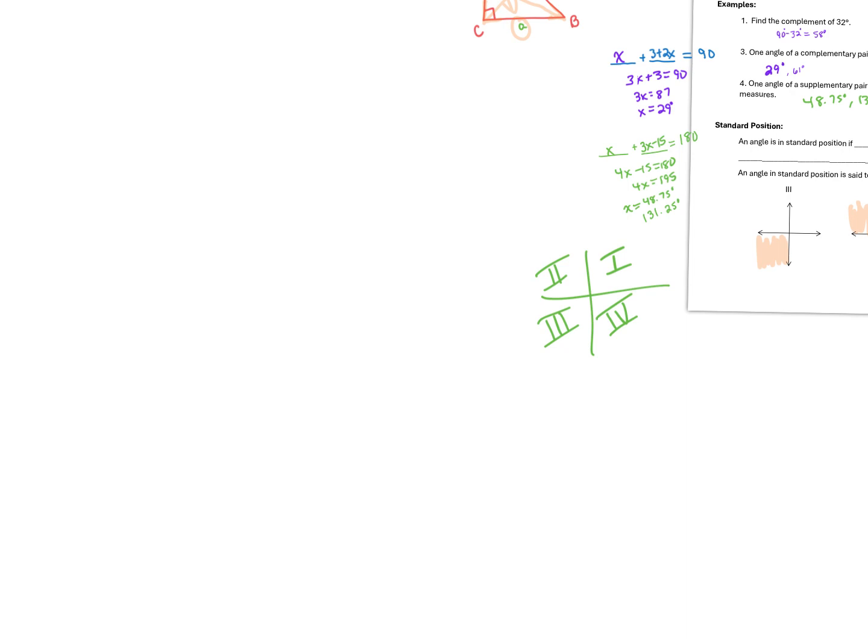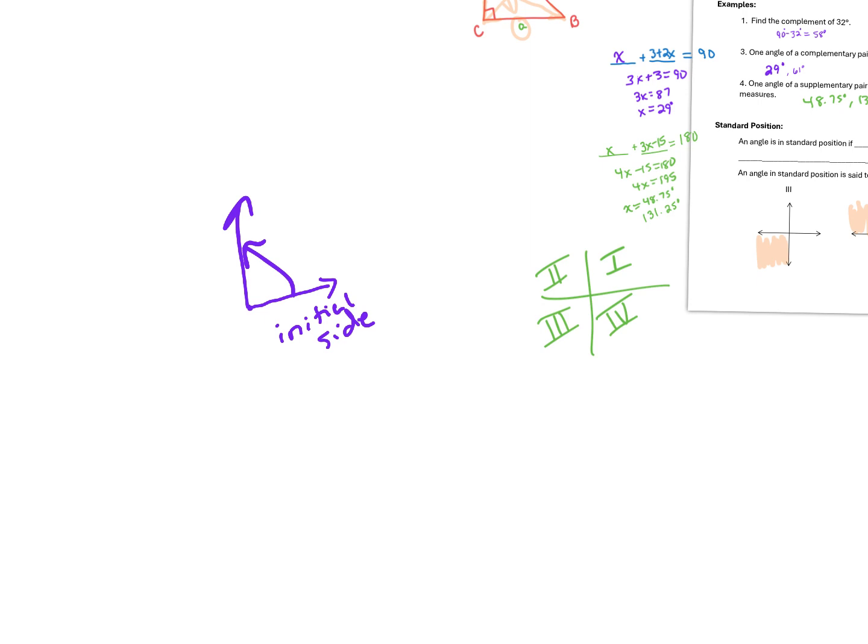When we create an angle, we are starting with a ray, and we're going to talk about the fact that it's in standard position in just a second. But we start with a ray, and then we rotate. So the starting place, that's our initial side, right? We start somewhere, we have this ray, that's our initial side, and then we rotate, and wherever we stop, that's our terminal side.